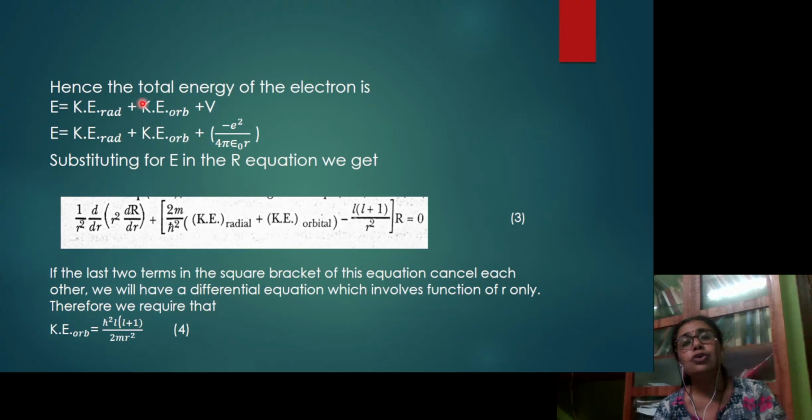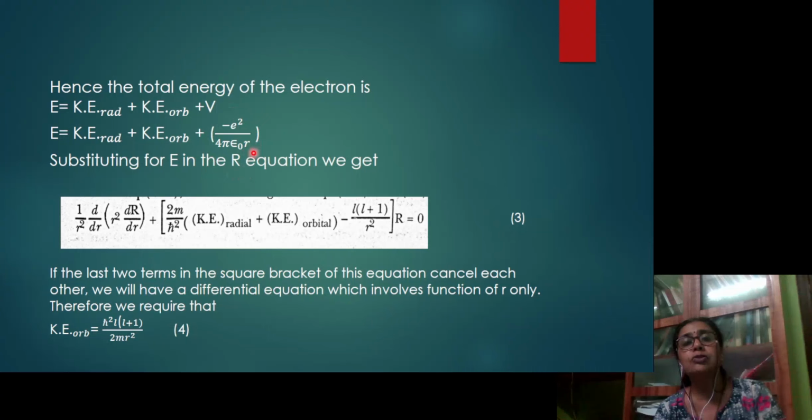Hence the total energy of the electron we can write as kinetic energy radial plus kinetic energy orbital, which is the total kinetic energy, plus potential energy V. So we have substituted the potential energy term and then we are going to substitute this capital E in our initial equation.